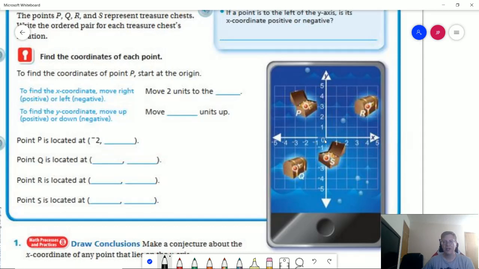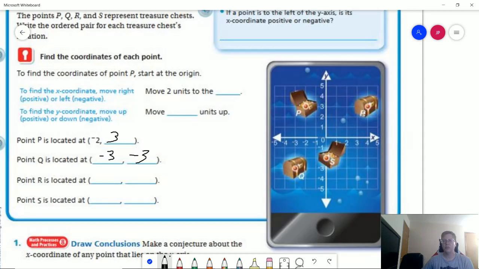So if we always start with the x value, we're going to count over to the left 2, and then to find our value for y, we're going to count up 3, and that would give us our answer for this. So our ordered pair would be -2, +3. For point Q, we start by going to the left 3, and then we go down 3, so that would be -3, -3.